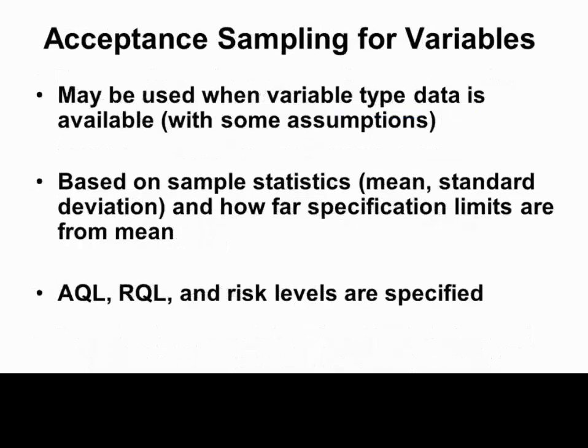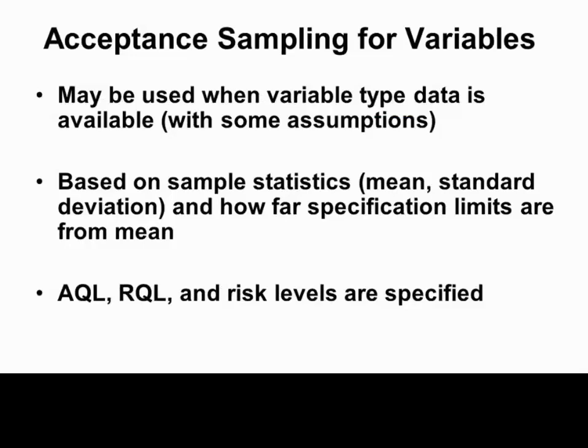The last thing I want to cover briefly is a few words on acceptance sampling for variable data. This is not feasible when your inspection results are from looking at the part and seeing if there is any visual color issue or distortion, but it would be if you could actually measure something like deviation from target with the equipment.